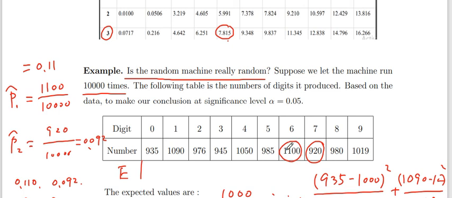The highest is 11%, and the supposed percentage equals 10%, right? So from our data, we find this percentage is 11. So we just check whether their difference is big or small. So this is a one sample problem, right?